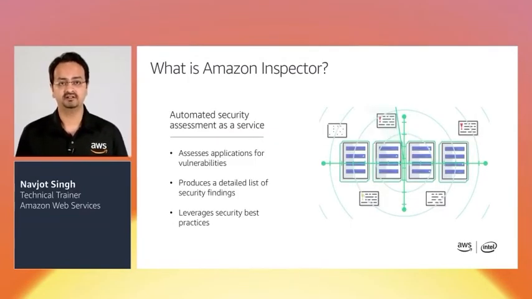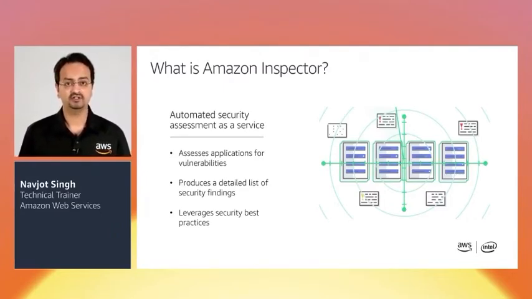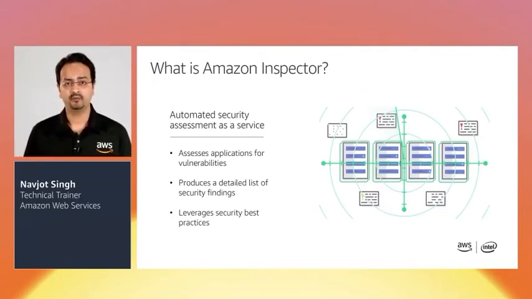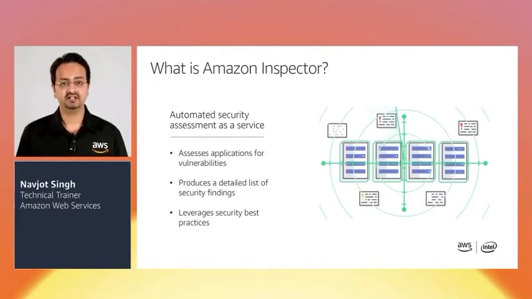Amazon Inspector can help with performing threat assessments in your AWS environment. It automatically assesses applications for vulnerabilities or deviation from best practices. After performing the analysis, Inspector will produce a detailed security finding report, which is accessible from the Amazon Inspector console or via an API.